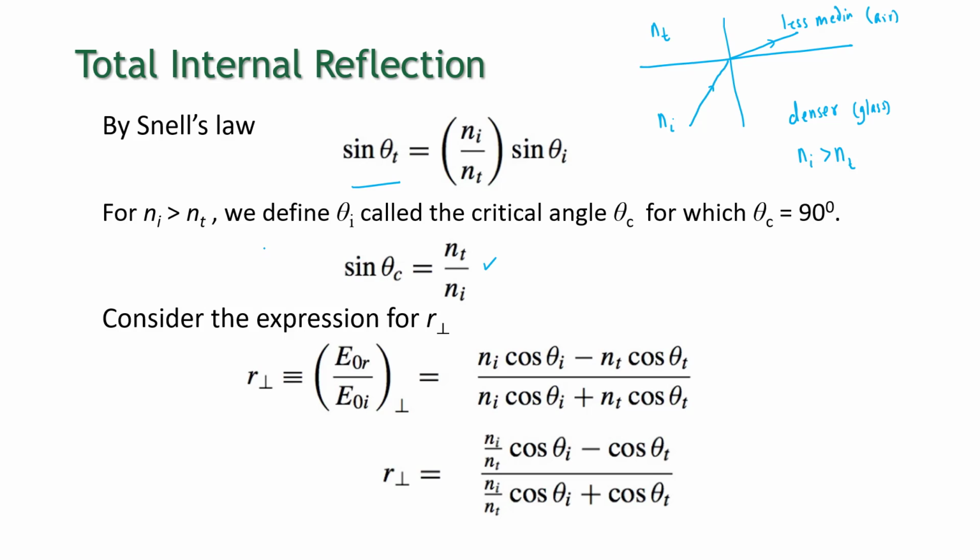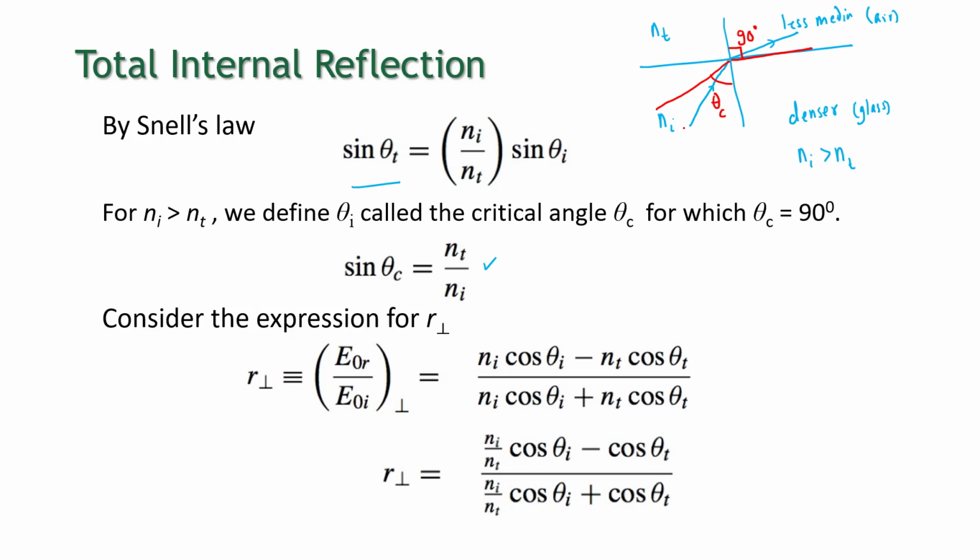The critical angle is defined as the angle of incidence for which the angle of refraction is 90 degrees. So for the angle of refraction to be 90 degrees, this angle of incidence is called the critical angle theta c.